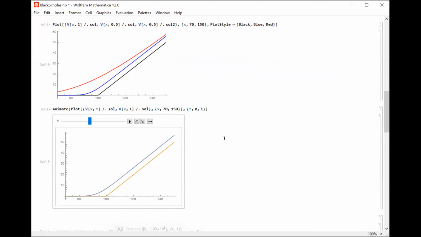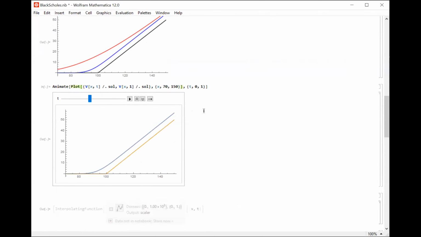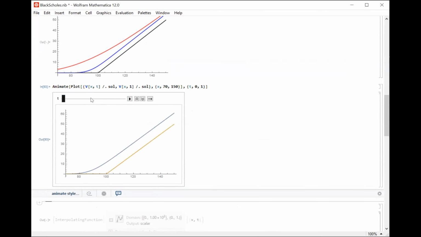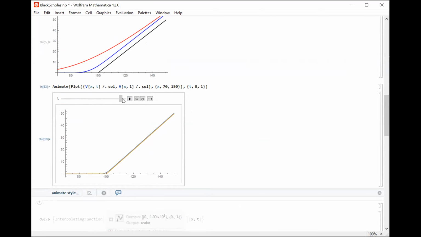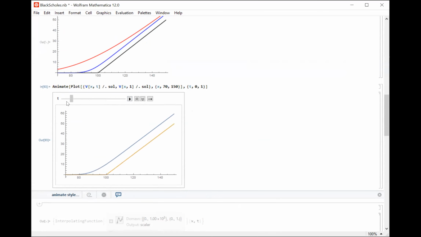So here it is for the smaller volatility, and this is what generally happens. When you're close to expiration, your curve, the blue, that's the solution, approaches that limiting curve. That's exactly as we'd expect. But before then, at earlier times, of course, the stock option is worth more.